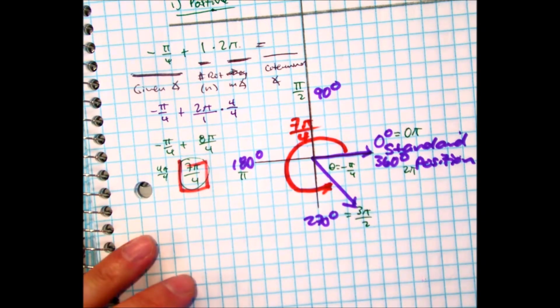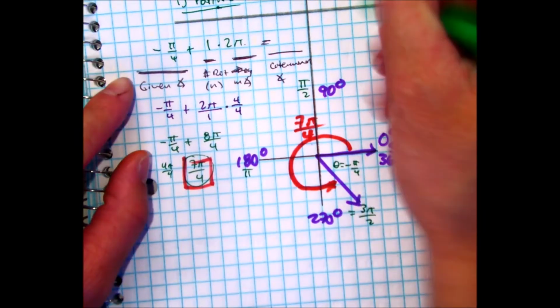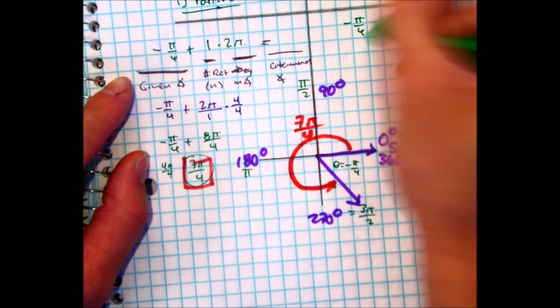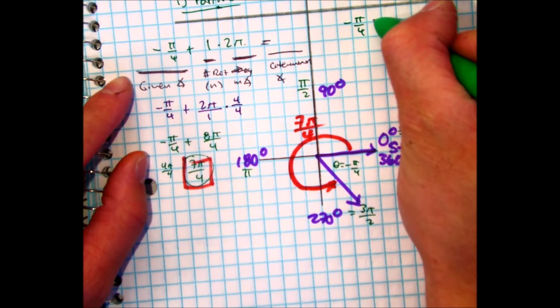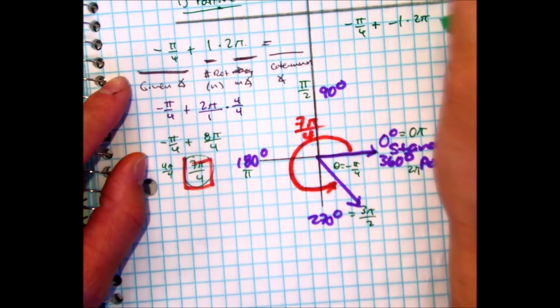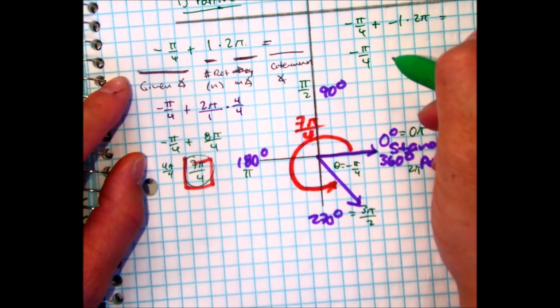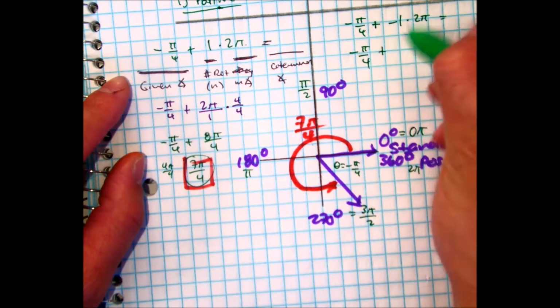Let's do the negative. Class, what's the only difference between the positive and negative? And what is our rotation going to be? Negative 1. So I have negative pi over 4 plus negative 2 pi.